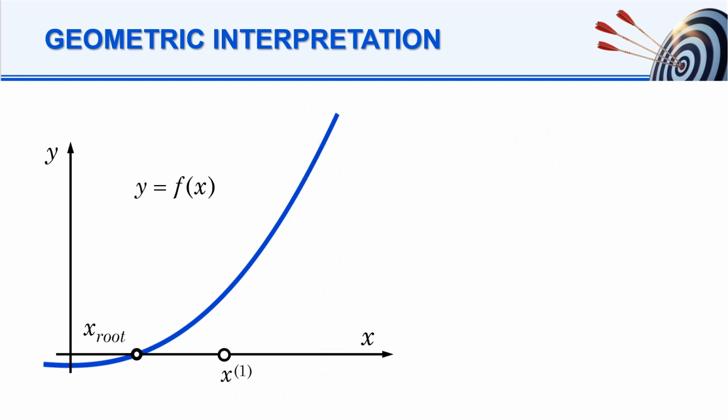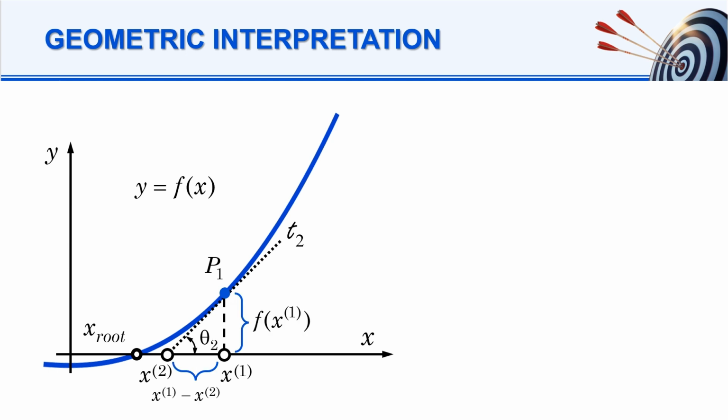For the point x1, we find the vertical projection point p1 on the curve. Similarly, a tangent line drawn to f(x) at point p1 intersects the x-axis at x2. Likewise, the intercept of the tangent is determined from the slope of f(x). That is, tangent θ2 is set to f'(x1).